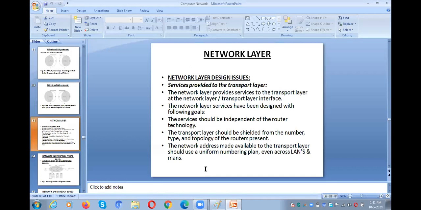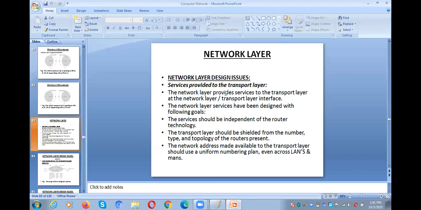And then network layer. So I already told you in the last class, whenever we discuss one layer, we need to start with the design issues of that particular layer. So what are the design issues of the network layer? Network layer is a lower layer and the transport layer is above the network layer. So the first design issue is the services provided to the transport layer.